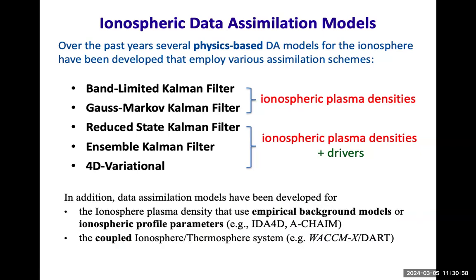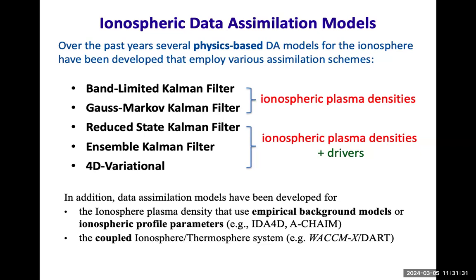And for example, we have models that have been developed that go after the ionospheric plasma densities, but do not use the physics equation that I showed before, where you start, for example, from empirical background models from the IRI. IDA4D is one of the prime examples. Or models that use ionospheric profile parameters. HAIM is an example there, and there are other models out there.